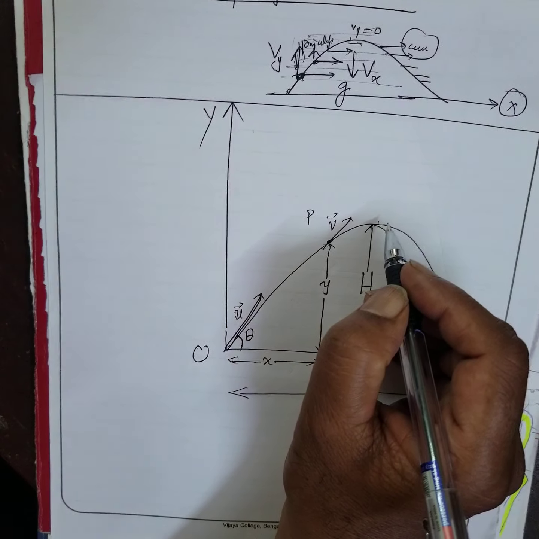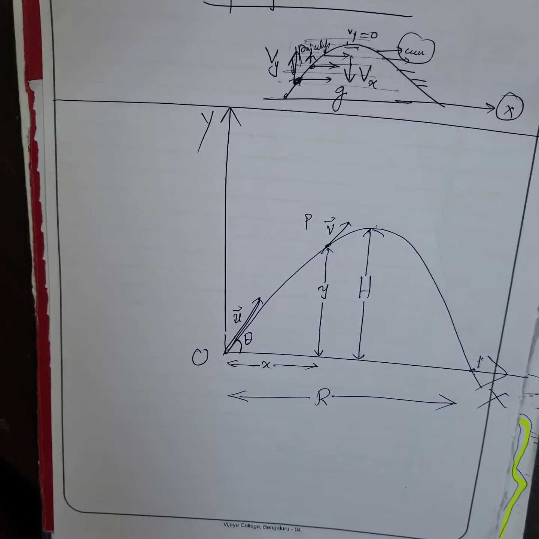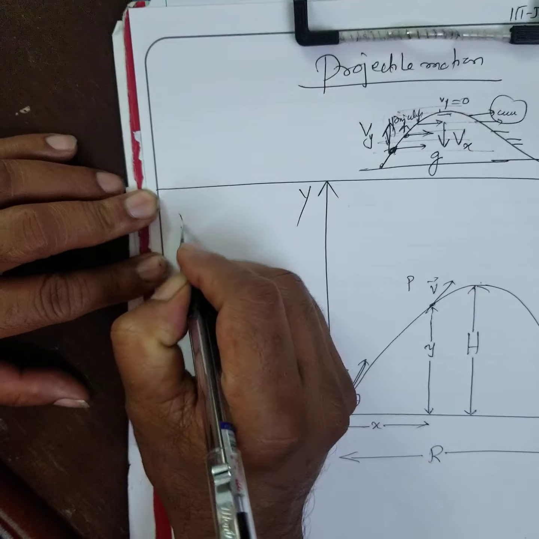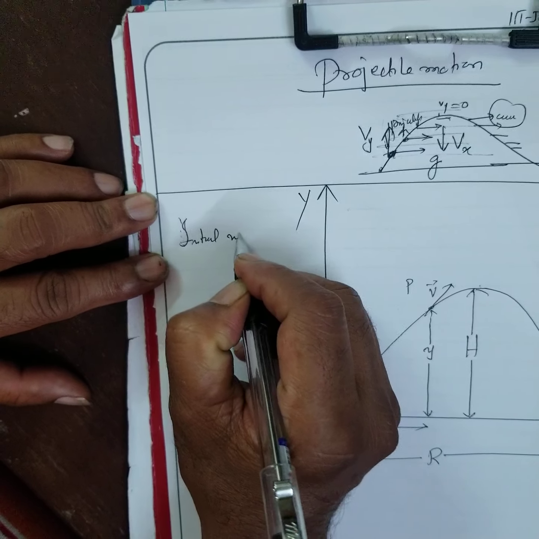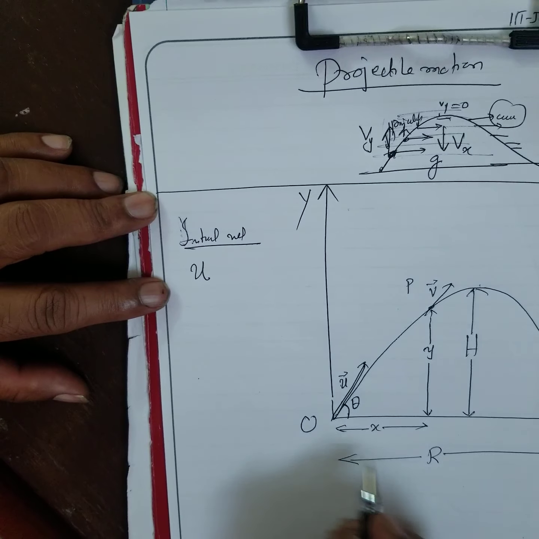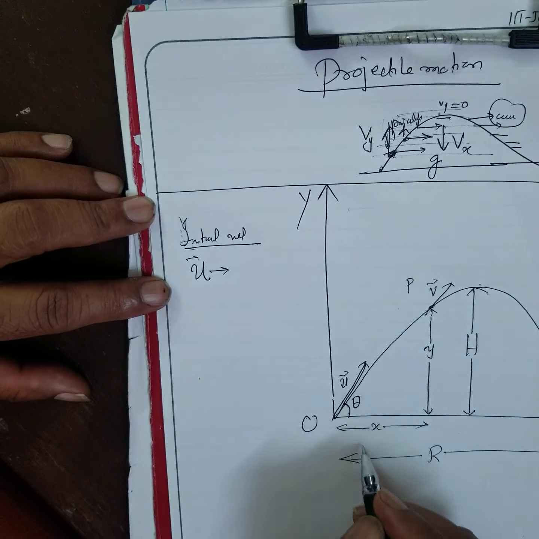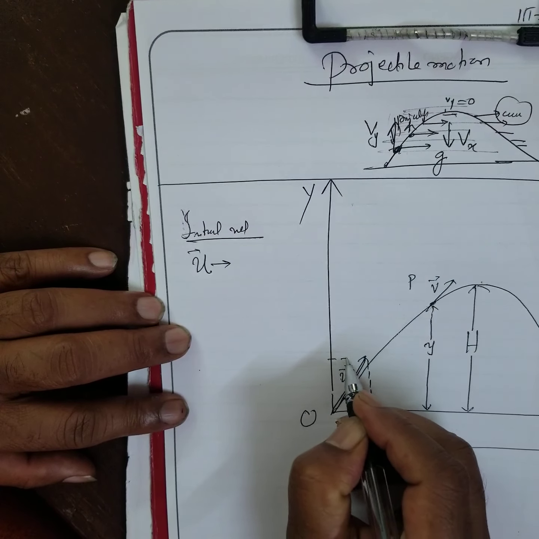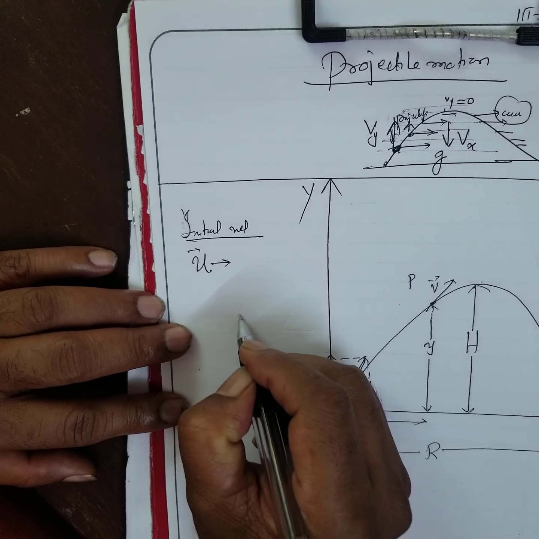Now here u is the initial velocity. Resolve the initial velocity into two mutually perpendicular components like this.